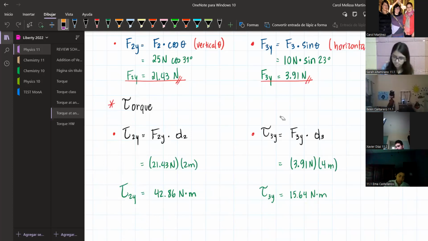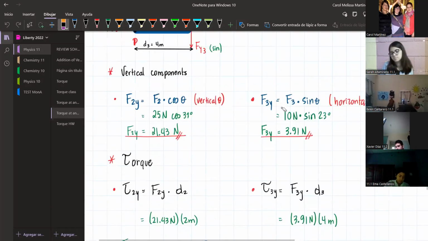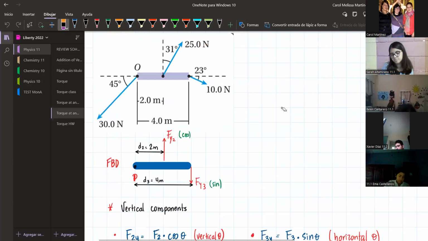Counterclockwise. Okay. The second force, what kind of torque is it gonna do? Negative, clockwise. Okay, negative or clockwise.